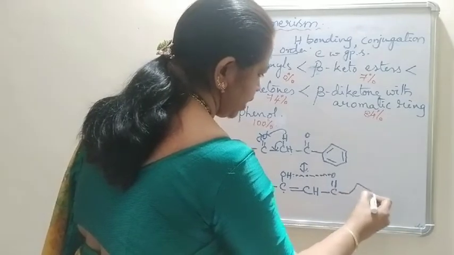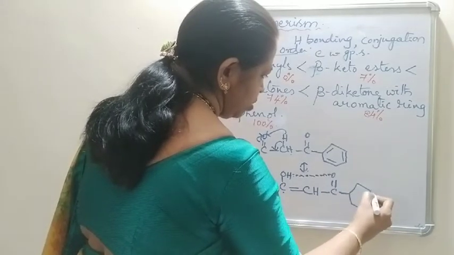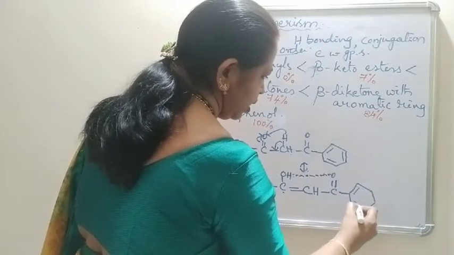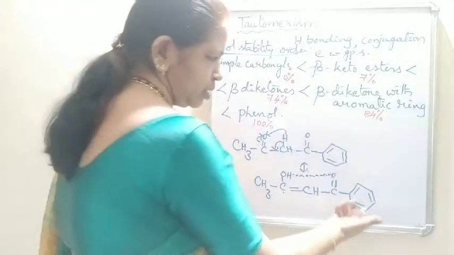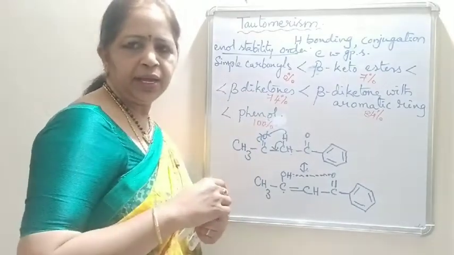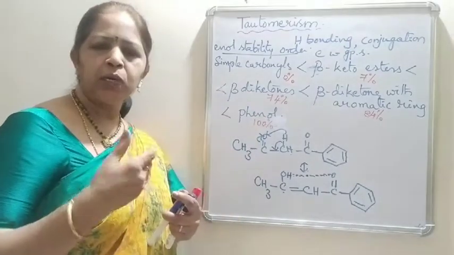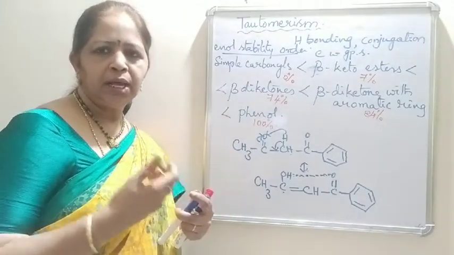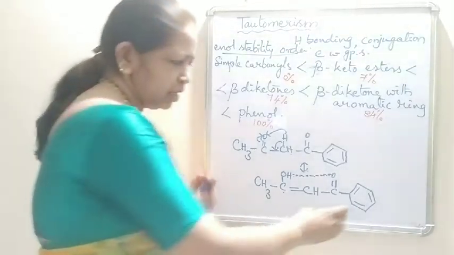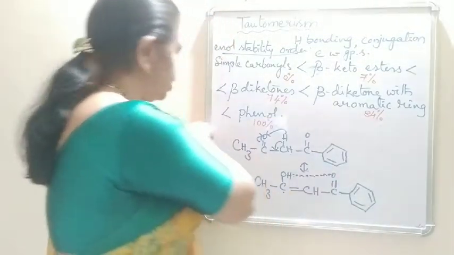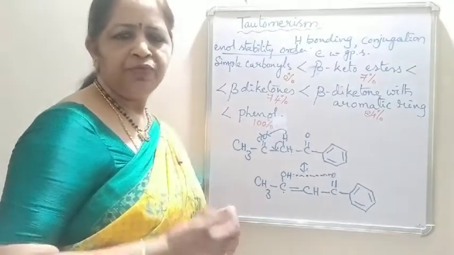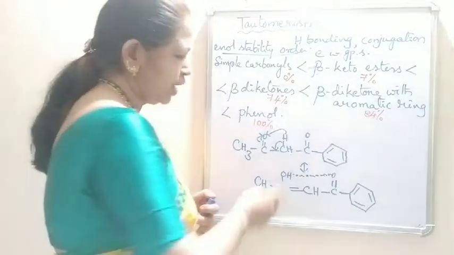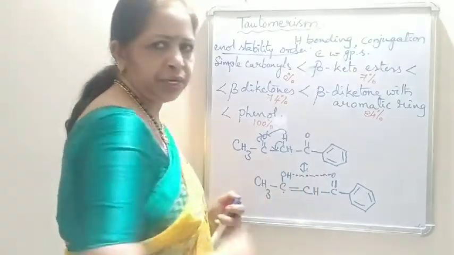What is the nature of aromatic ring? Aromatic ring is an electron withdrawing group. It attracts the electrons. In the earlier cases, there are electron donating groups or electron repelling groups. But the phenyl ring, the aromatic ring, is an electron attracting group which increases the effect of hydrogen bonding and conjugation.